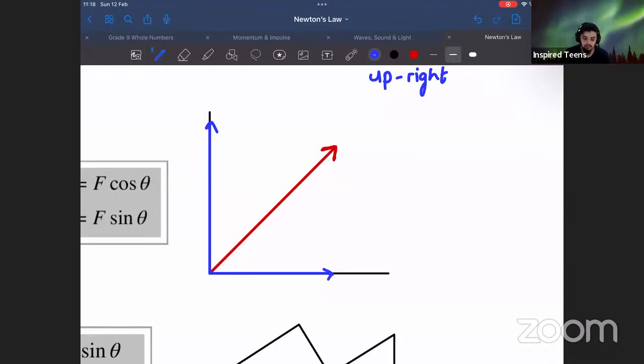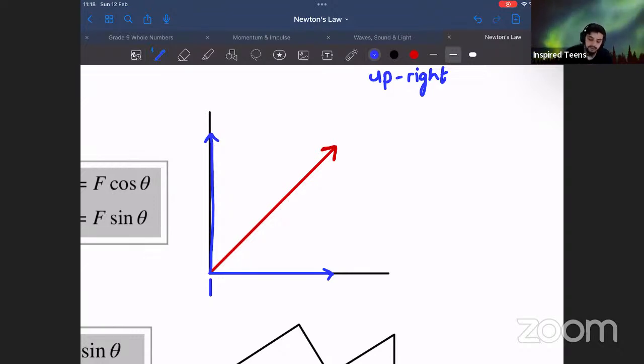Okay, maybe the sizing is not that great, but let's just resize it quickly. It would be something like that. So yes, a diagonal vector can be separated into its horizontal and its vertical components.